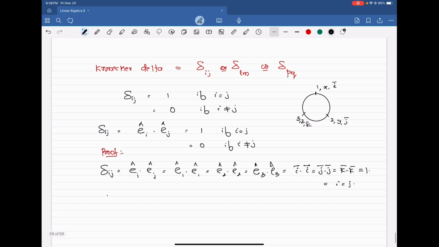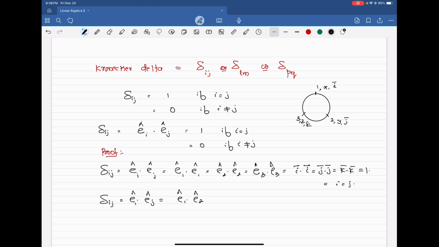Next, delta ij is equal to ei dot ej, because it is the dot product of two vectors having subscripts i and j, where i and j are numbers. Let us say it is e1 dot e2. What is the corresponding value of e1 and e2?